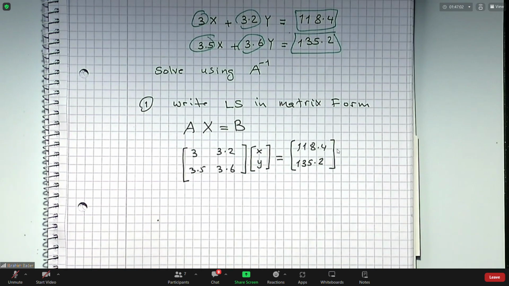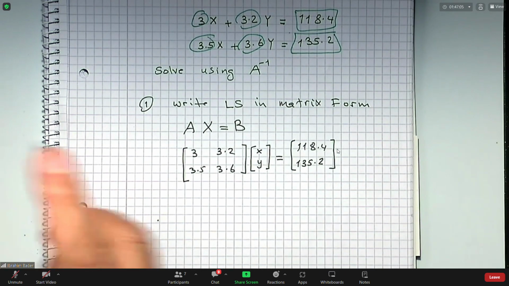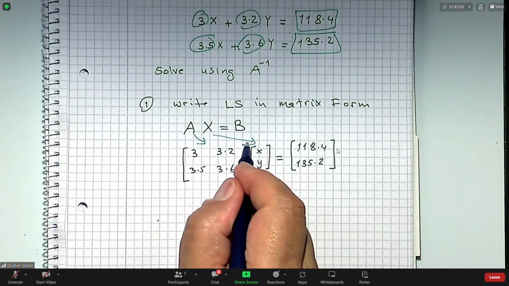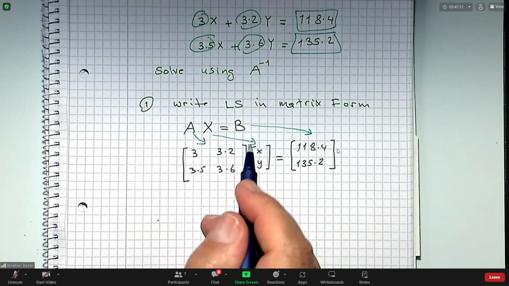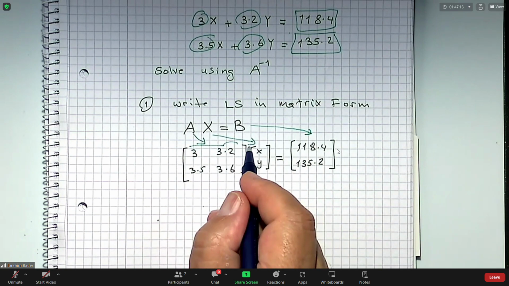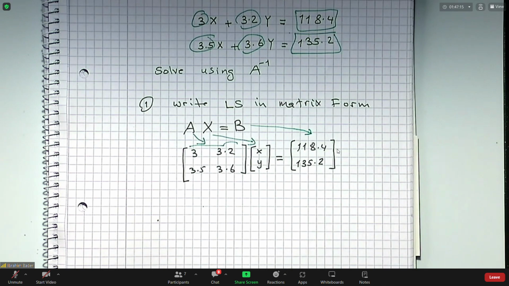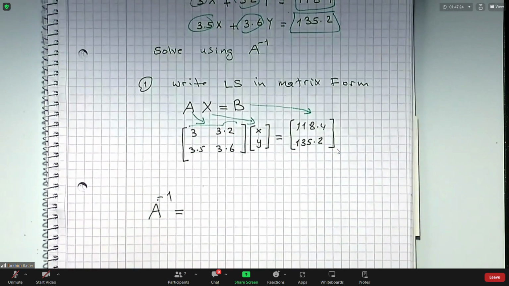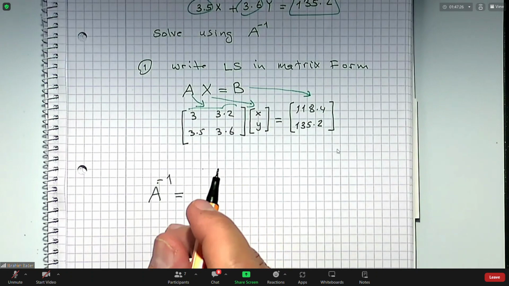Okay, so this is my A, this is my X, and this is B. Now, A inverse, according to the rule we learned before, is equal to 1 over the determinant. What is the determinant here?